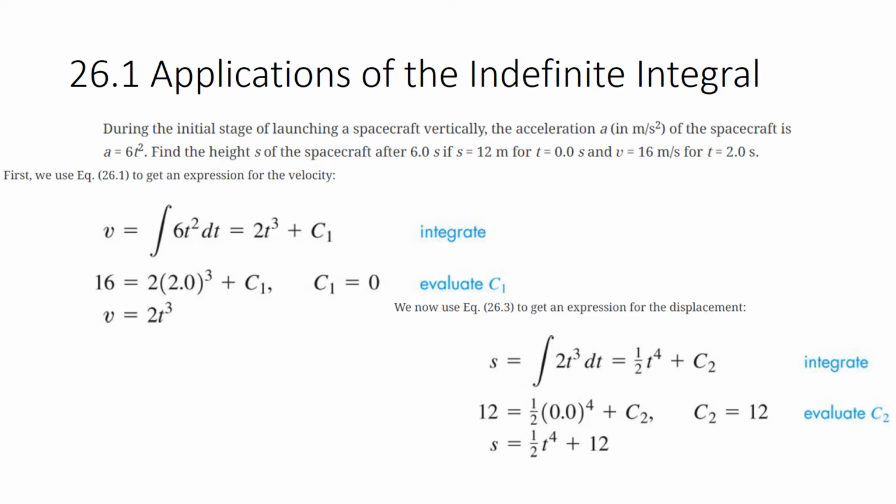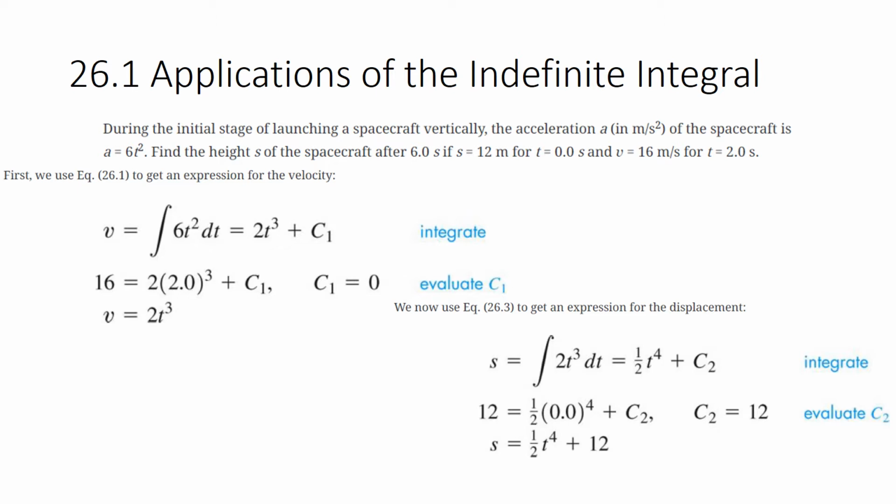So how are we going to find c1? Well, they did tell us that the velocity at 2 seconds into the launch was 16 meters per second. So let's plug those numbers in. I'm going to plug in a 16. This is the second row of equations here. 16 equals 2 times 2 seconds cubed plus this mysterious c1. 2 seconds cubed is 8, times 2 is 16, so really c1 must be 0.